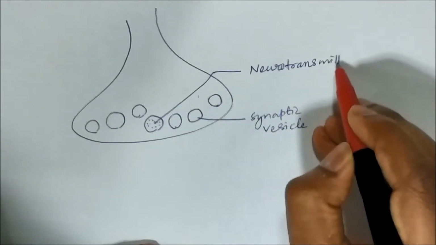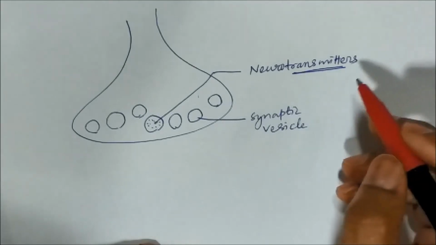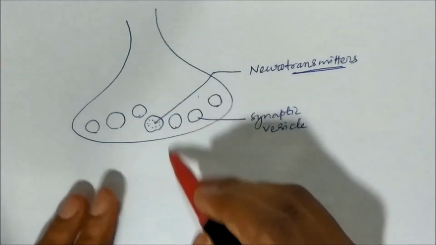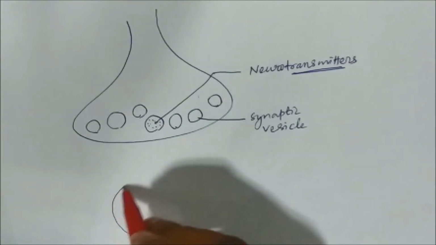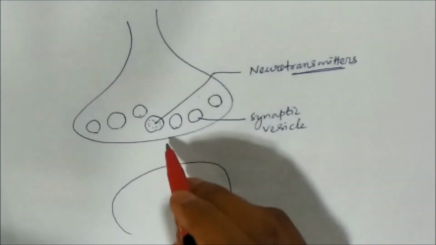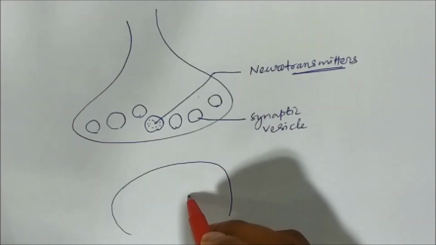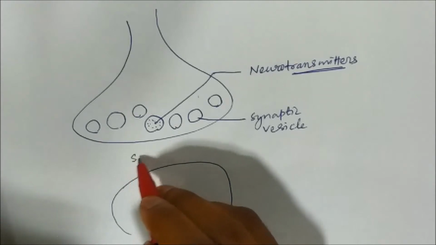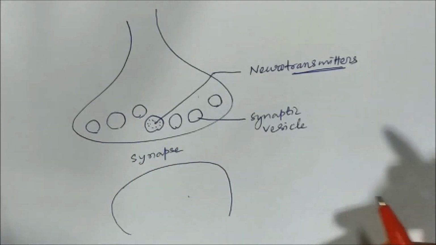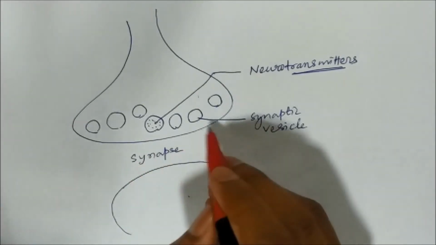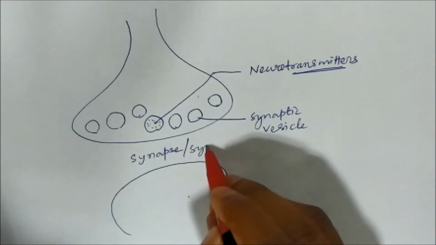Why are they called neurotransmitters? Because they transmit impulses from this nerve ending to another one. Suppose another neuron is there, then the impulse can go from this nerve ending to the other neuron. This area is called the synapse, also called the synaptic cleft.